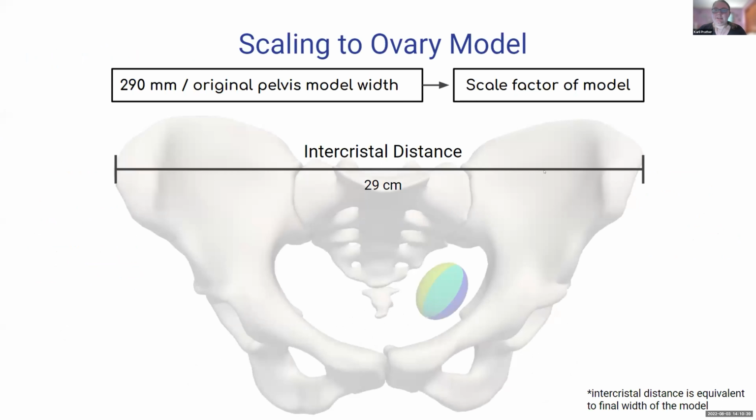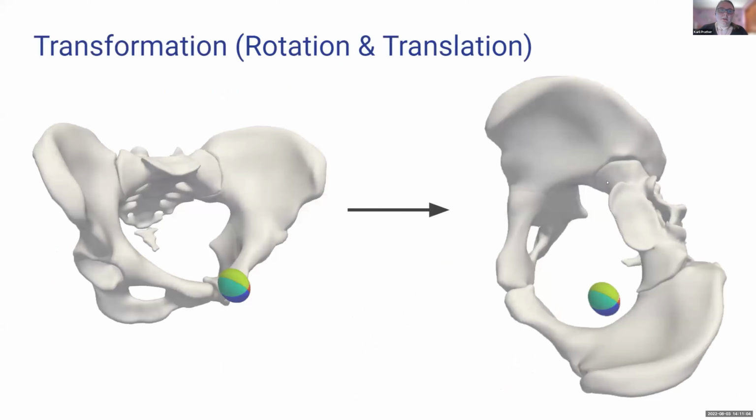And from there, it's a pretty simple process of just scaling up the pelvis to what you would normally expect. In our case, since we're measuring things in millimeters, it's scaled up to about 290 millimeters or 29 centimeters, which is around the average width for a pelvis.